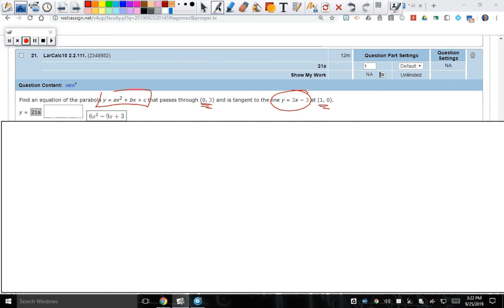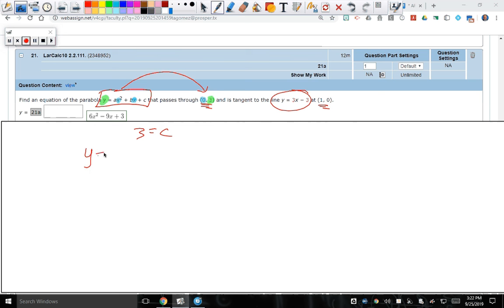So what we're going to do first is, we know that on this function, I'm passing through 0, 3. So where am I going to plug this 0 in, guys? X and X. Where does this 3 get plugged in? Y. Because that's the position. So I have 3 is equal to C. Do you agree? Because those other ones zeroed out.